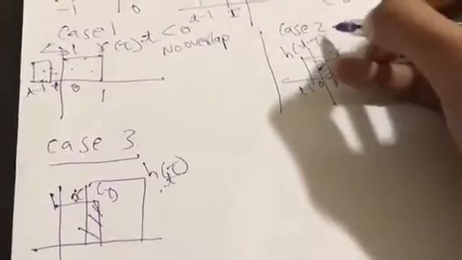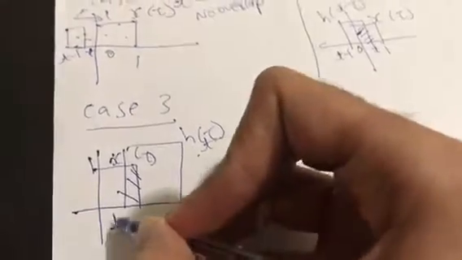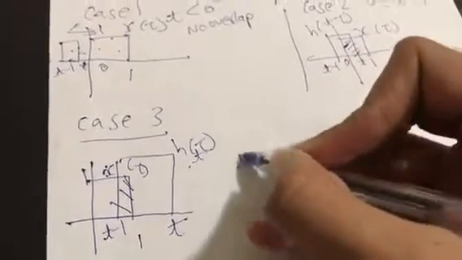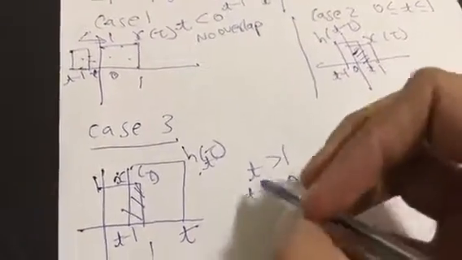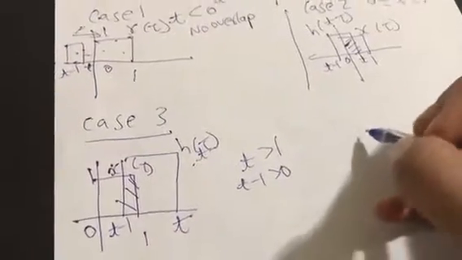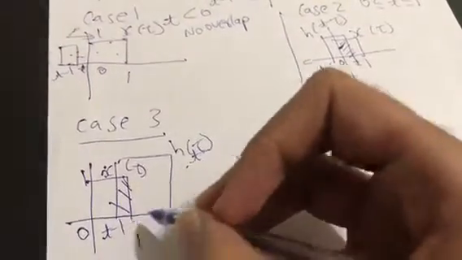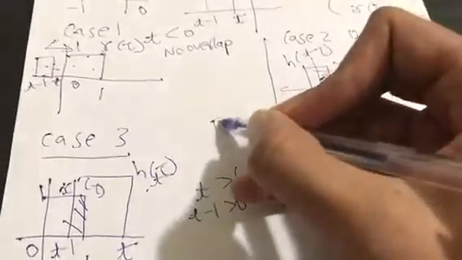I'm sorry, you go with the definition. So this is t minus 1, and this is t. For this case, t is greater than 1, so t minus 1 is greater than 0. This is the third case. Here overlap occurs between these two regions. Now if you shift even more, it won't overlap, so that case we are not taking. So the main part is the integration part.